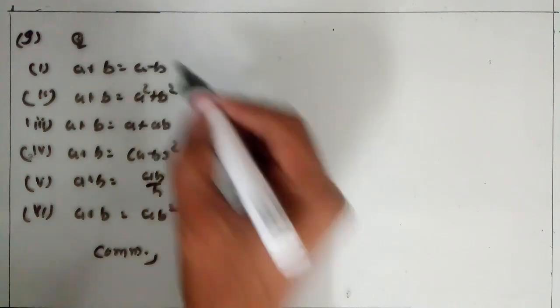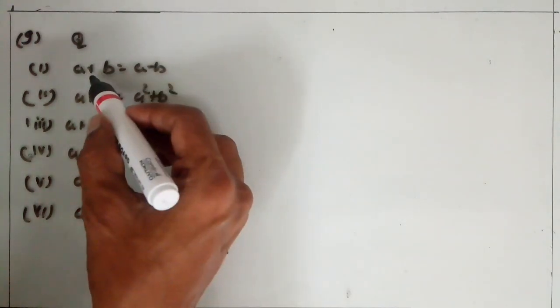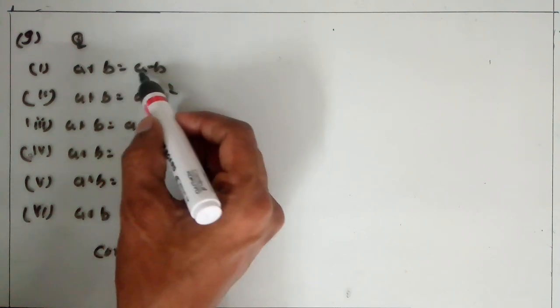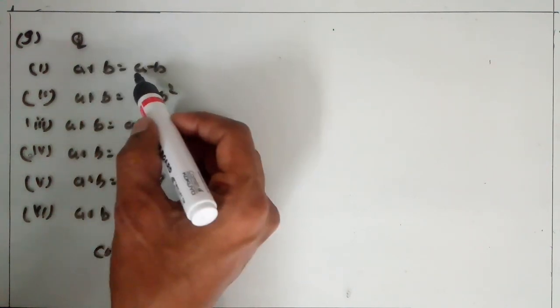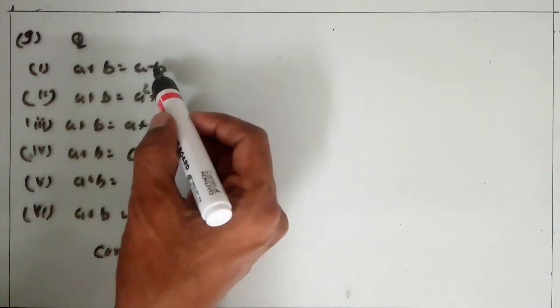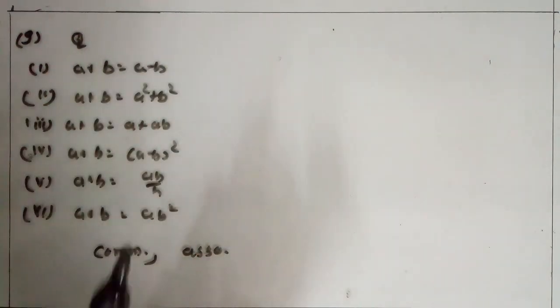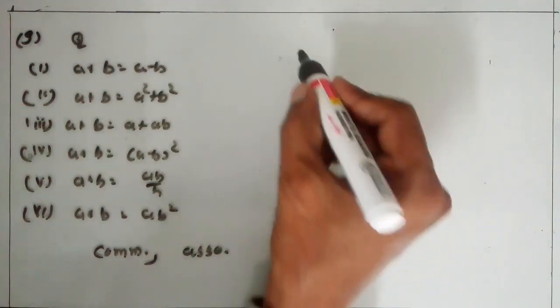For the first, if we take A star B, we get A minus B, and B star A is equal to B minus A. A minus B and B minus A are not equal, so this star operation is not commutative. Clear this?